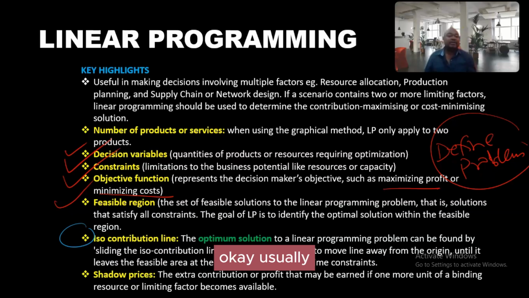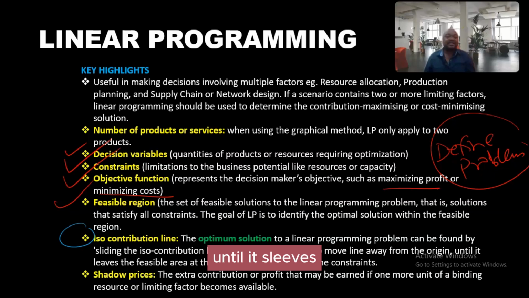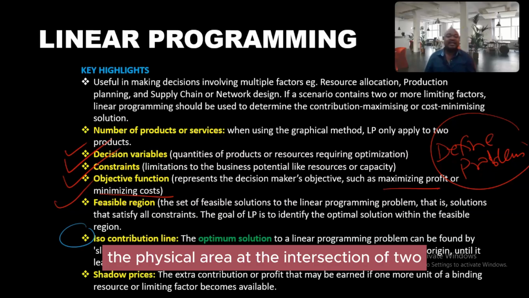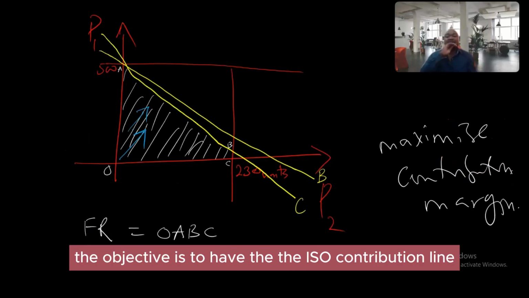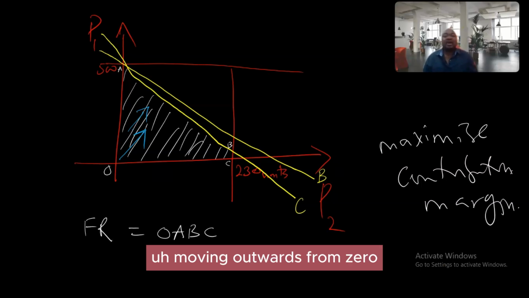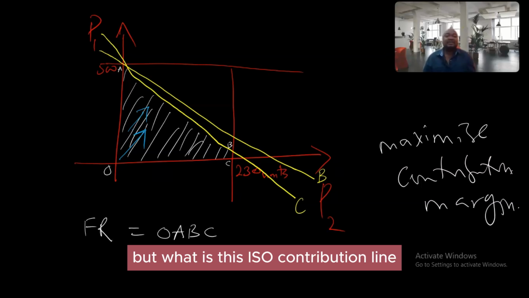Usually, we need to move the line away from the origin until it leaves the feasible area at the intersection of two constraints. So the objective is to have the ISO contribution line moving outwards from 0, as I've already indicated by those blue arrows. Okay, but what is this ISO contribution line?